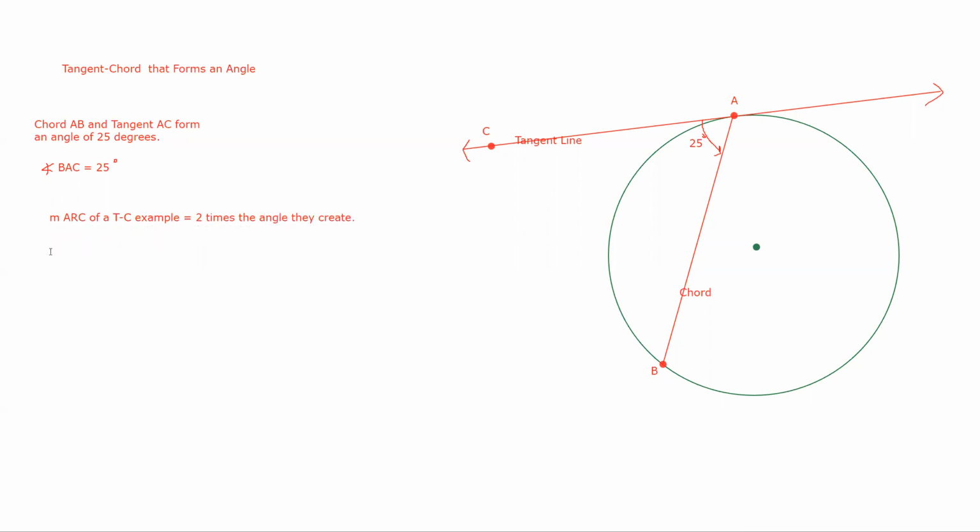So in this situation, the measure of arc AB equals 2 times the measure of angle BAC.